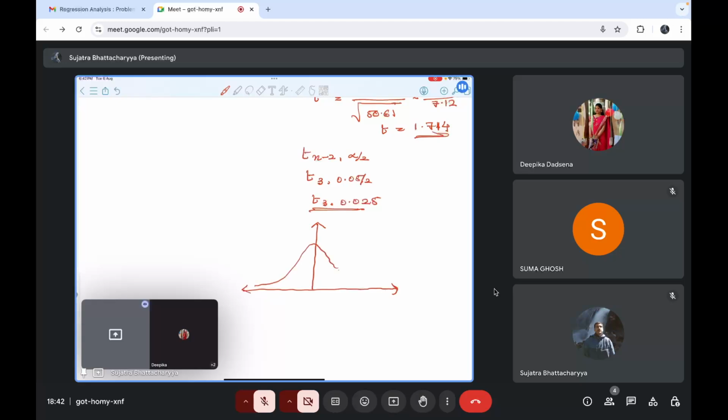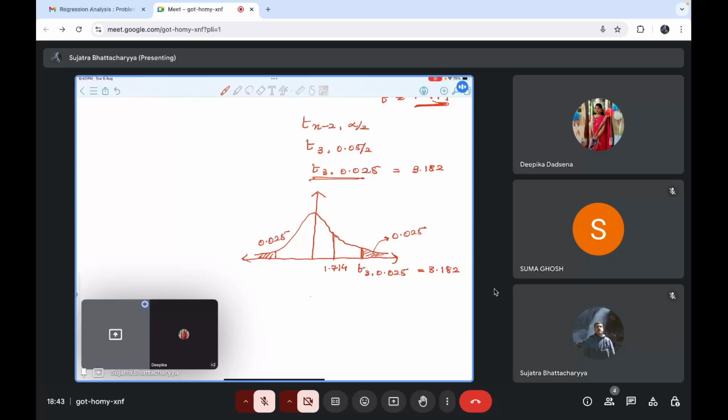This is your t distribution, and suppose this is your 0.025 value. T of 3 comma 0.025 actually comes out to be about 3.182. My test statistic is 1.714, which is somewhere here, less than this.